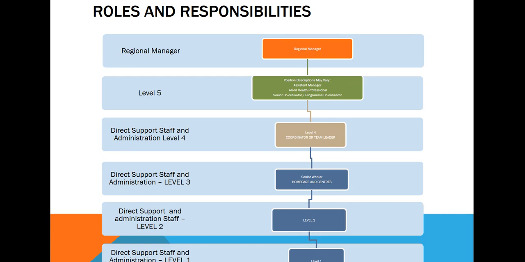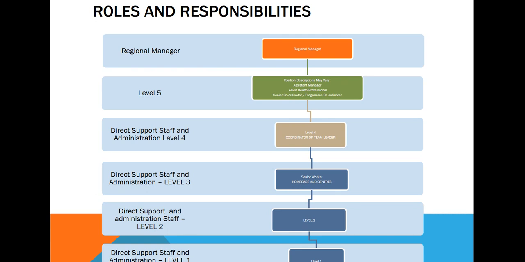There are two primary types of service that we provide: community-based or home care, and centre-based. But within those structures, whether you are working in administration or direct support, there's a program where you go through a level 1, level 2, level 3, level 4 and level 5. The regional manager for a site or an area is responsible for the overall program activities.